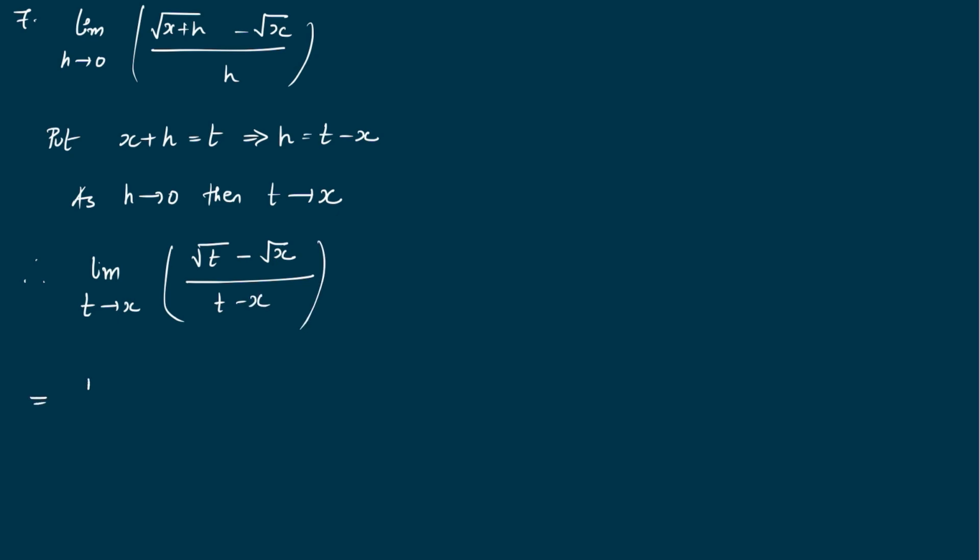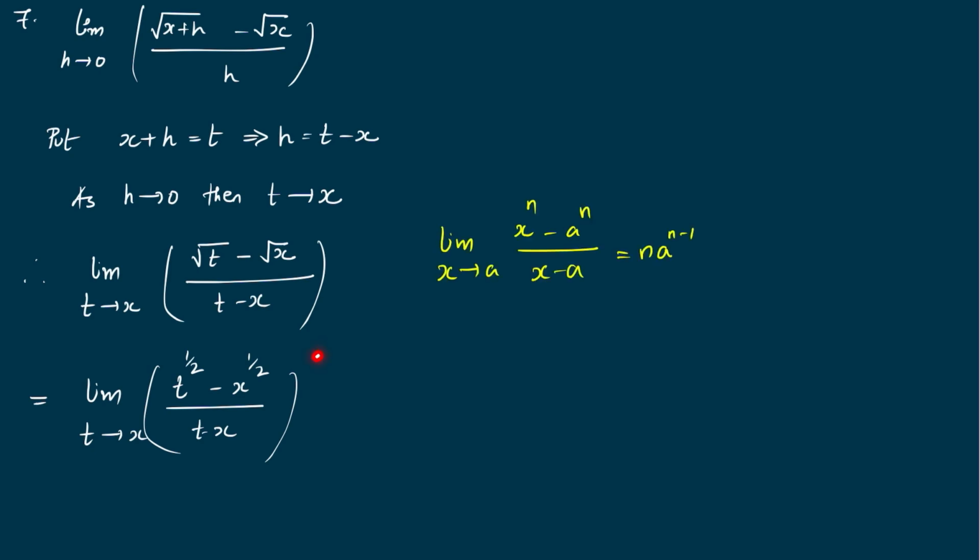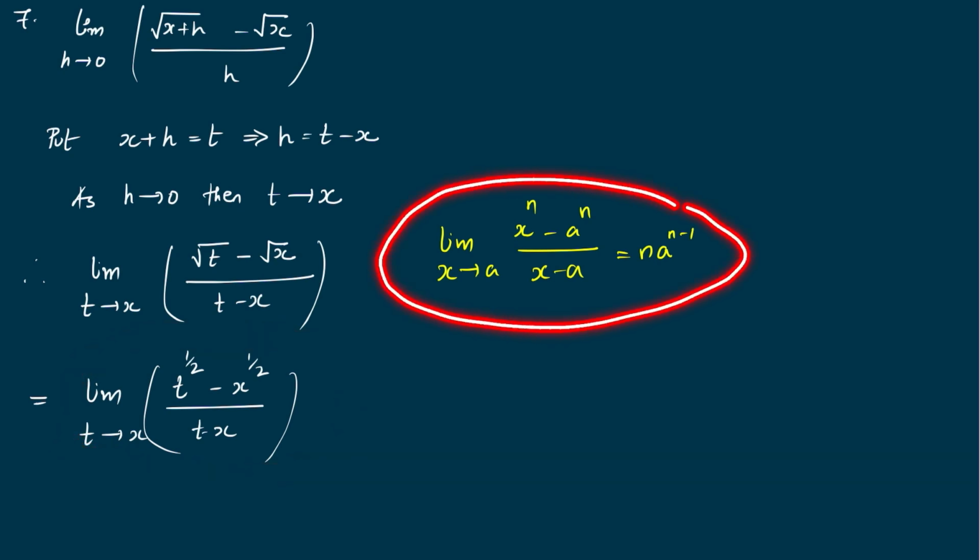So this will equal limit t tends to x of (t to the power half minus x to the power half) by (t minus x), since the square root of t can be written as t to the power half. Now this expression is like the formula.